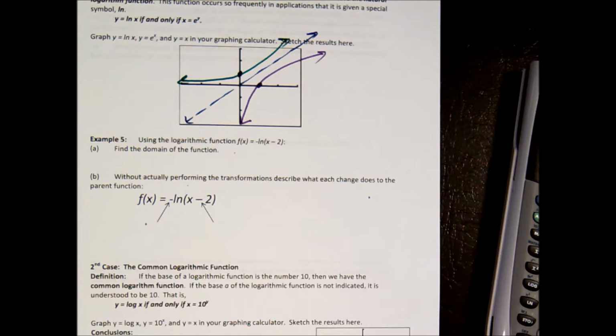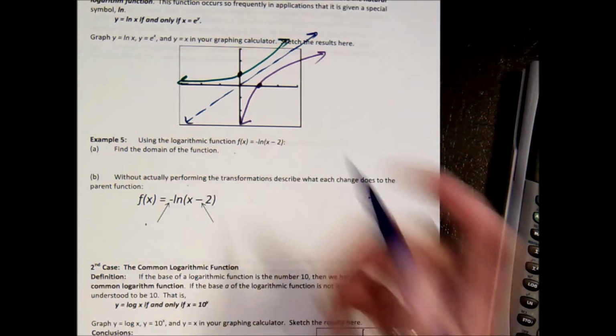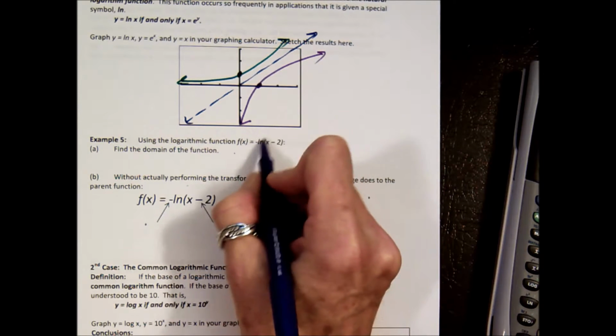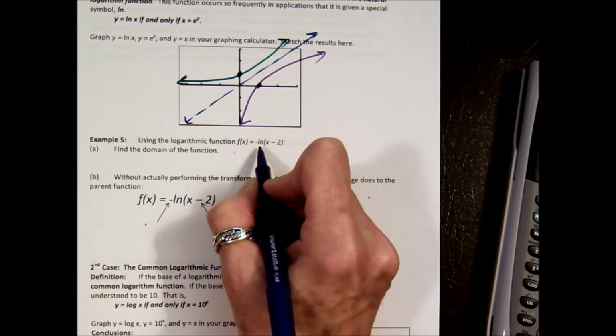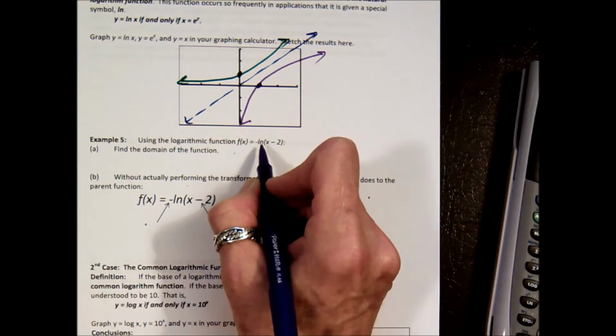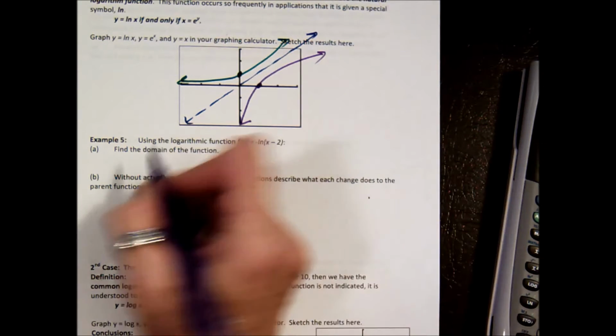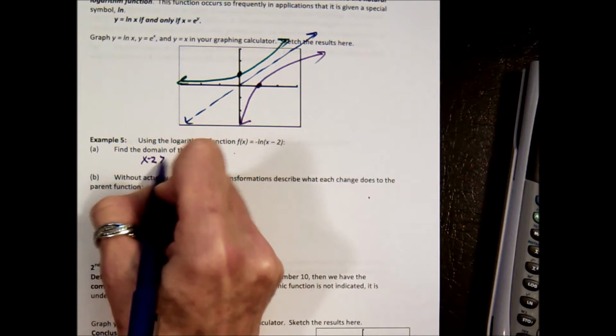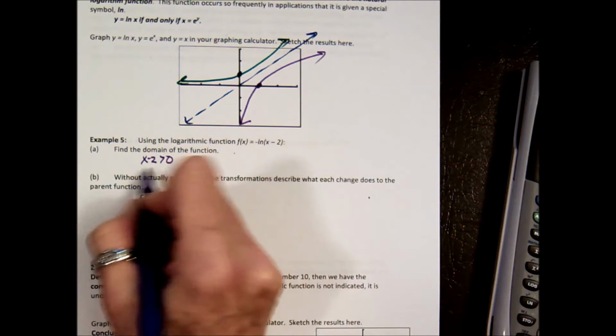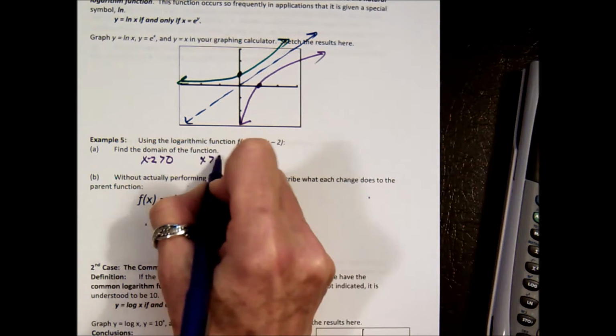Well, we know in this case that our domain of any logarithmic function is the same as the range of the exponential, and the range of the exponential is 0 to infinity. So I know that x minus 2 must be greater than 0. So if you add a 2 to both sides, x must be greater than 2.